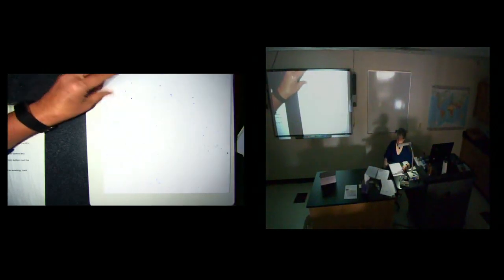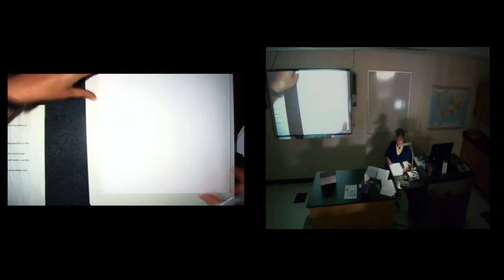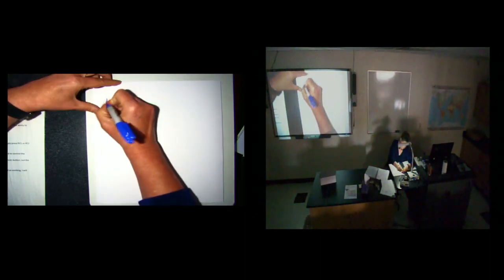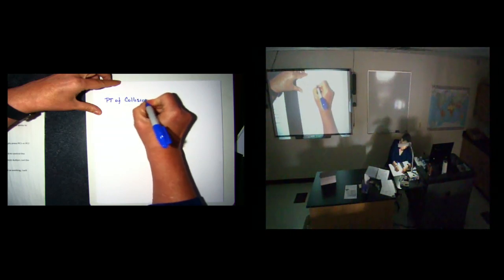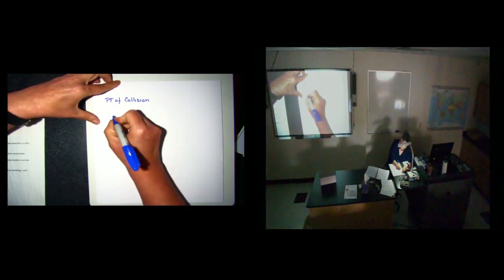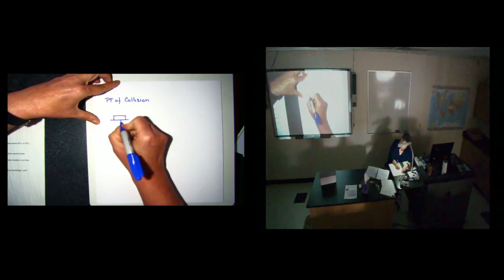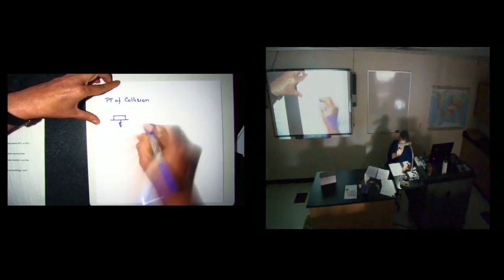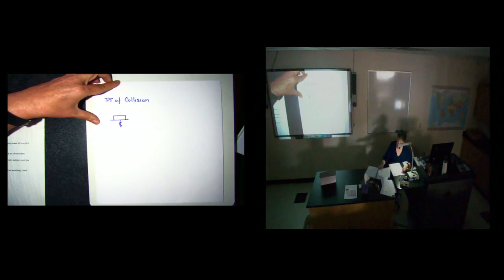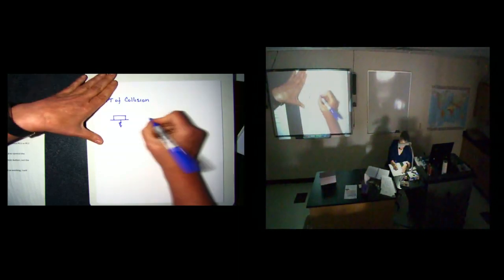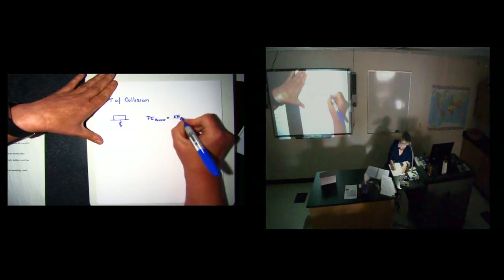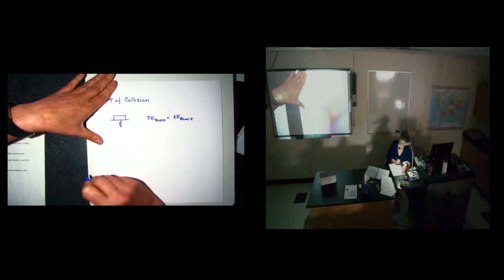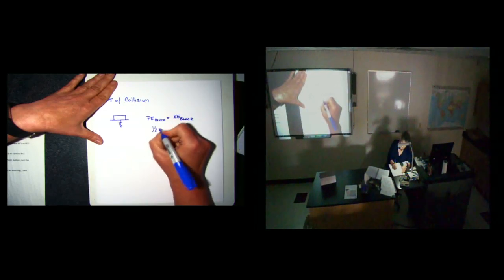That gives me 1/2 mv squared is equal to mgh. Masses cancel, so v squared is equal to 2gh, and v is equal to the square root of 2gh. The velocity of the block is going to be 6.26 meters per second in the downward direction. So I've used conservation of energy to give me the velocity of the block.